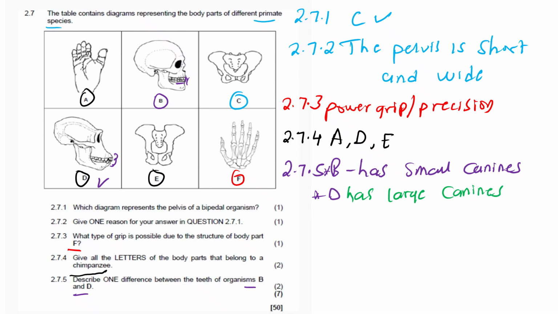We can also say B has no diastema, but D has a diastema. We can take either of these two. It's fine. Let's go to the next question.